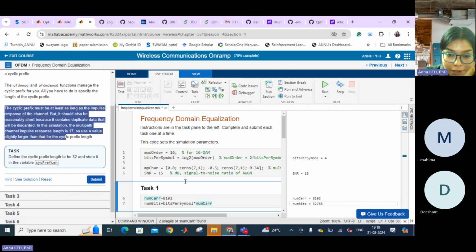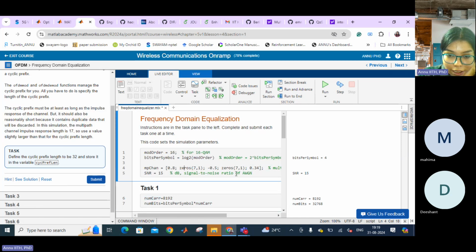So the impulse response of the channel, how much size did we have? This was 7, 14, 15, 16, 17. So here in the simulation, the multipath channel impulse response is 17. So use a value slightly larger than that for the cyclic prefix length. Let's have the cyclic prefix length as 32.